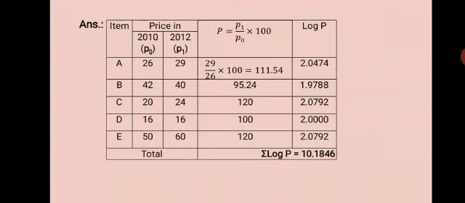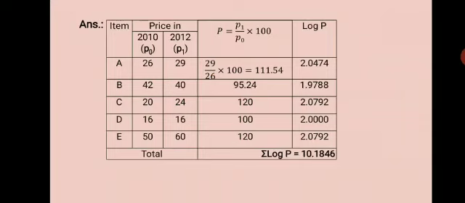Then we have to find log of these price relatives, that is log of P. Then from the logarithmic table we can find the log of 111.54 and we will get the log value as 2.0474.